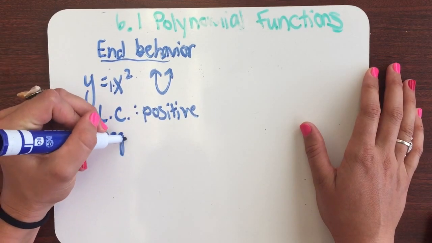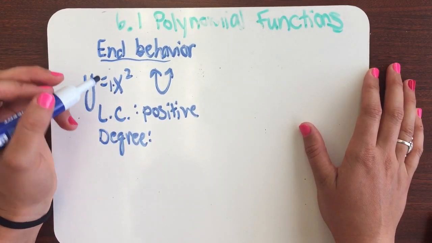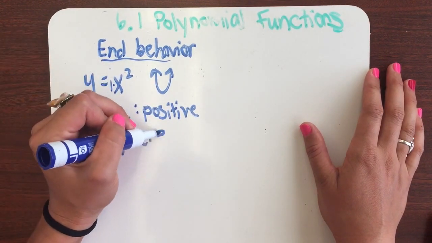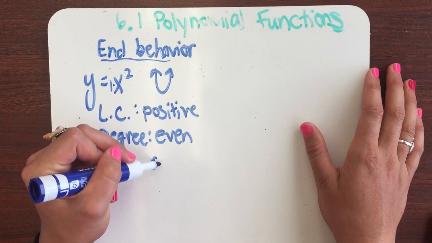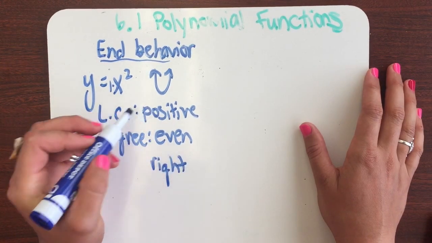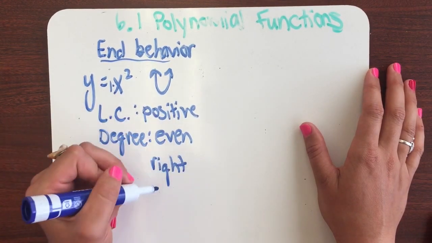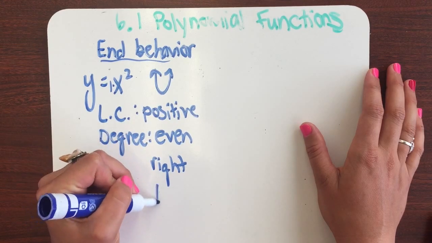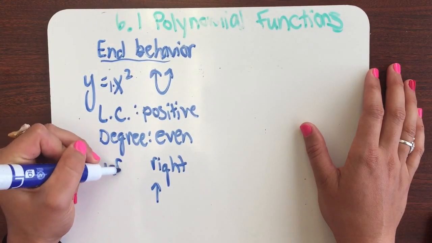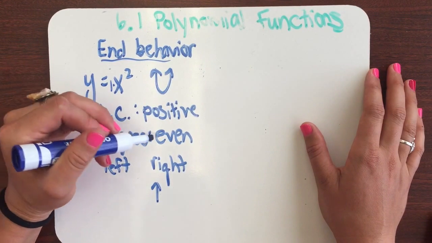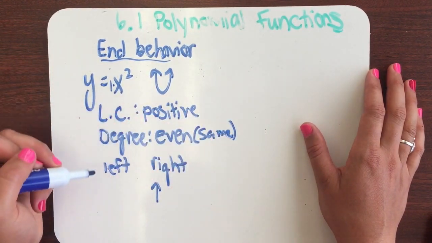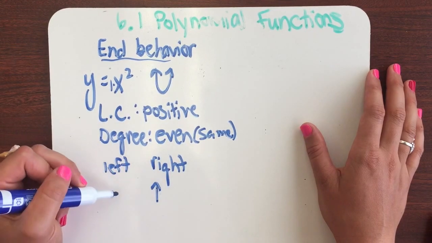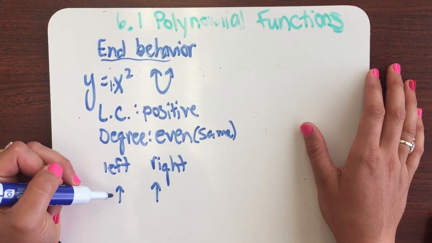Then you look at the degree, and the degree here is a 2, so therefore it's even. So again, the right side, when the leading coefficient is positive, then the right side goes up. And when the degree is even, it's going to have the same end behavior. So since the right side goes up, the left side also goes up.